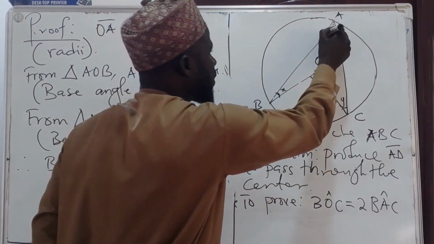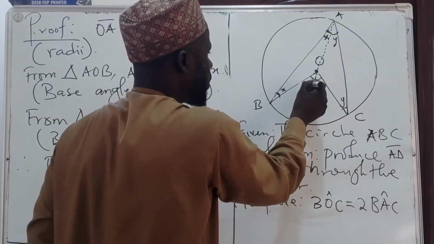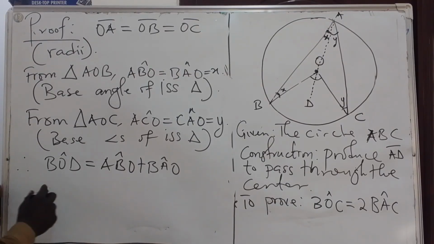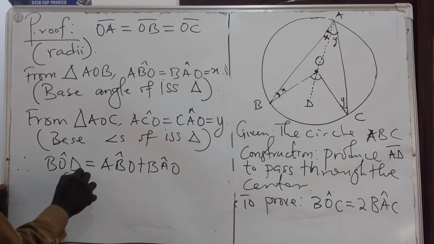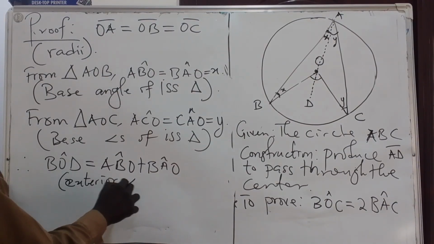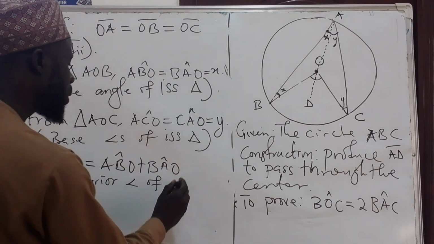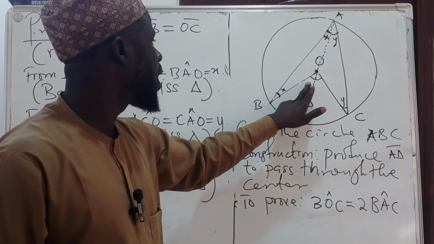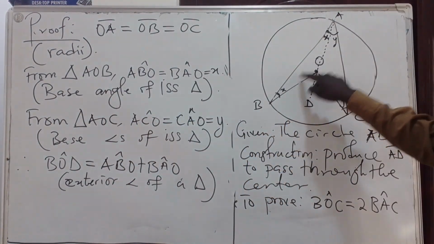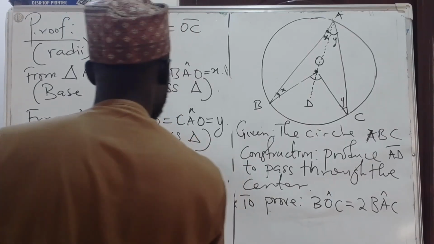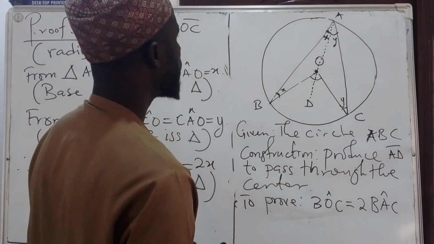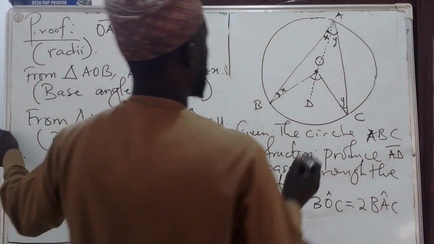Why? Exterior angle of a triangle. There is a theorem that says the exterior angle of a triangle is equal to the sum of the two opposite interior angles. So this is equal to 2x. So here is 2x.